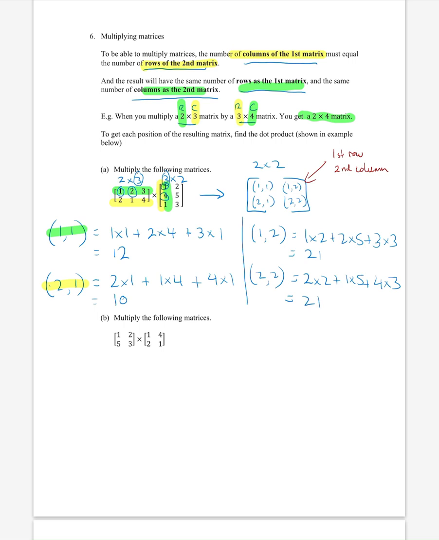So our resulting matrix will look like this. Our final answer for this one will be this matrix: 12, 10, 21, 21.